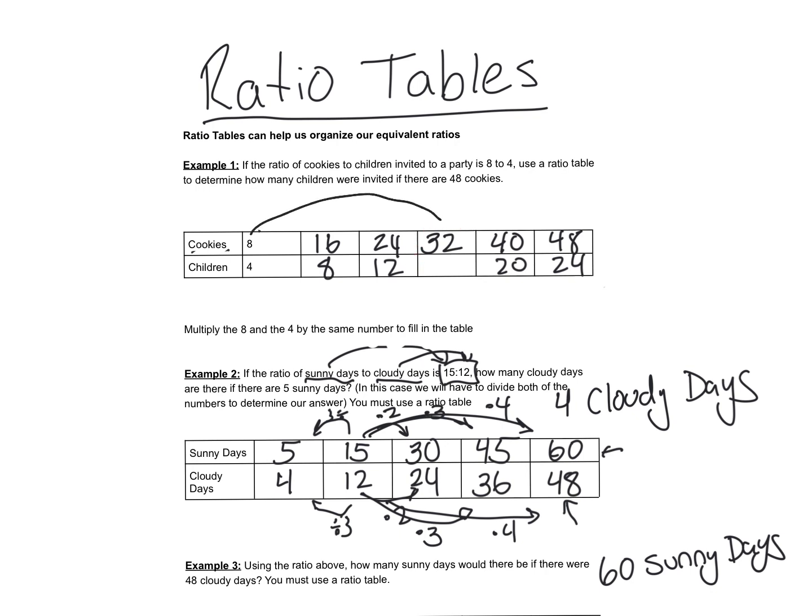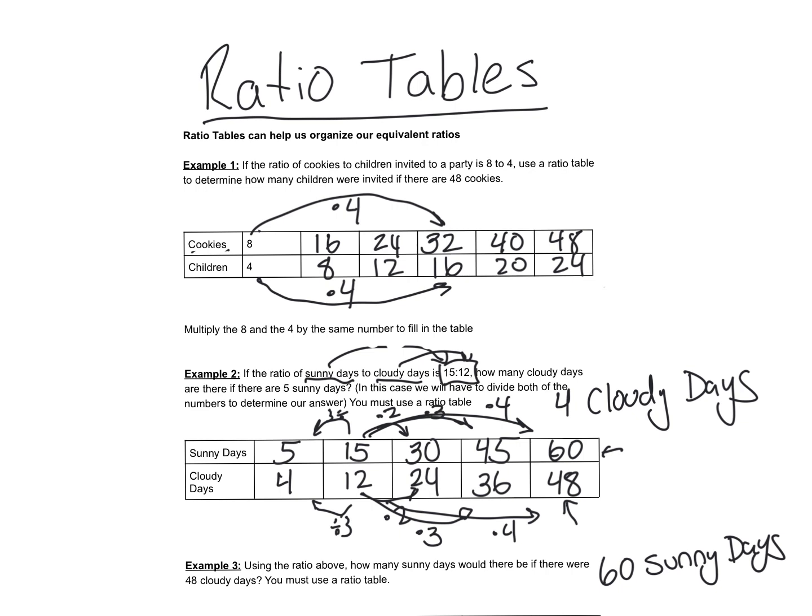So I'm going to figure out what I have to multiply 8 times that starting ratio to get 32. And then I'm going to multiply 4 times that same number. So 8 times 4 is 32. So I also have to multiply 4 times 4. And I will get 16.